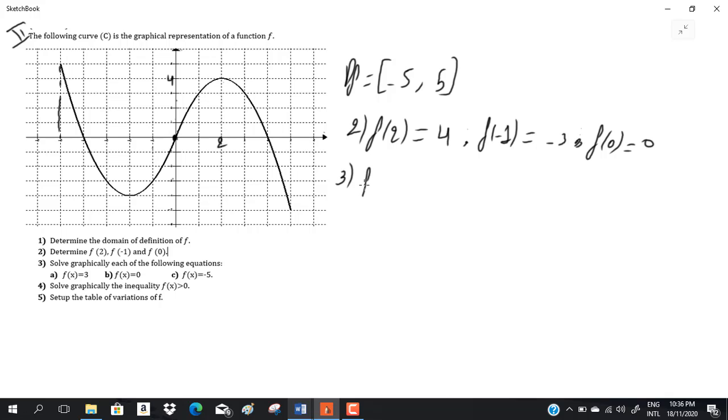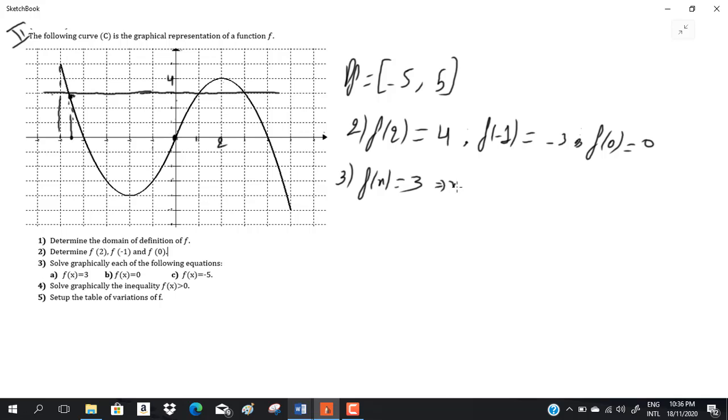Part 3, solve graphically. F of x equals 3. I have to draw the horizontal line of equation y equals 3. It cuts the curve at -4.5, 1, and 3.